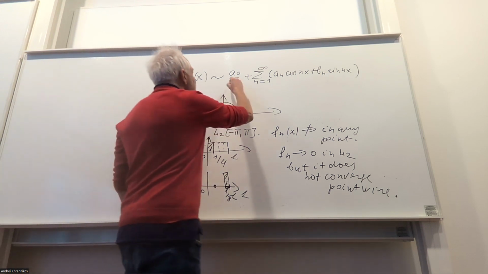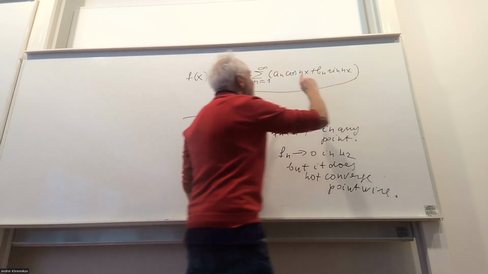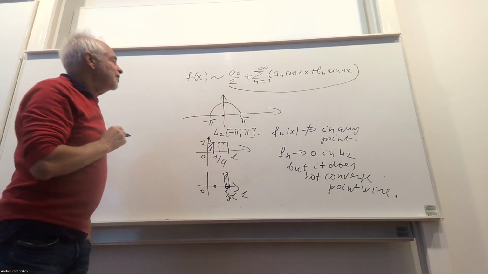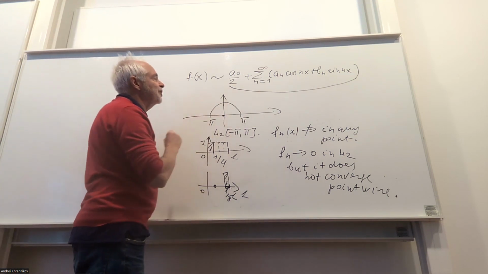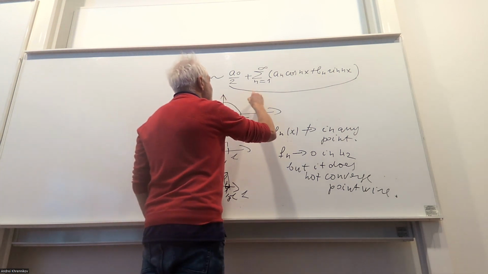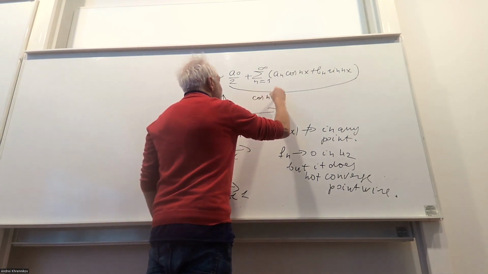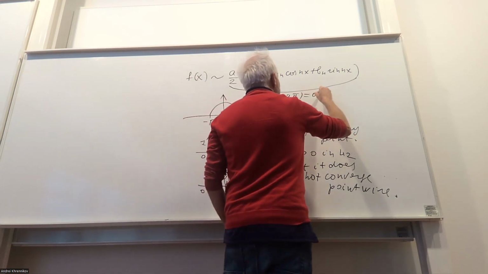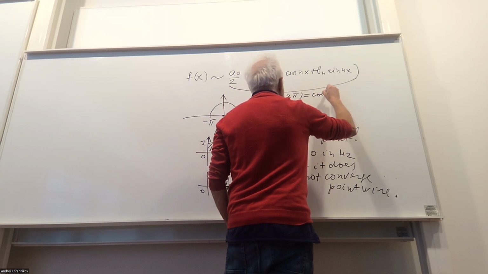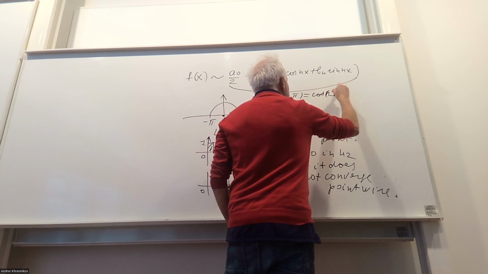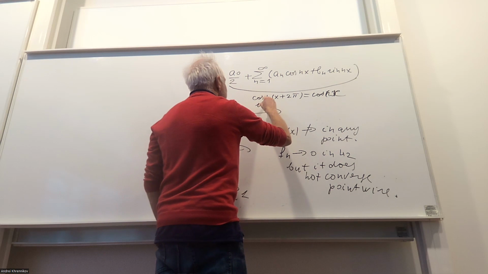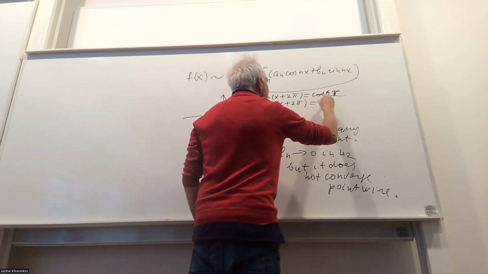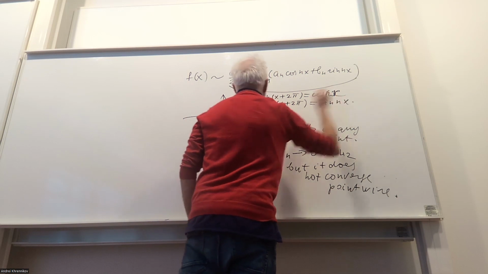But now we see that in the right-hand side we have trigonometric functions, and trigonometric functions are periodic. So cos(nx plus 2 pi) equals cos nx, and sin(nx plus 2 pi) equals sin nx.